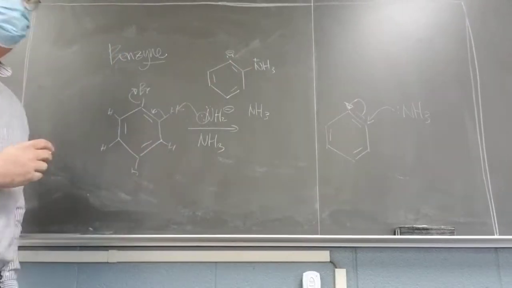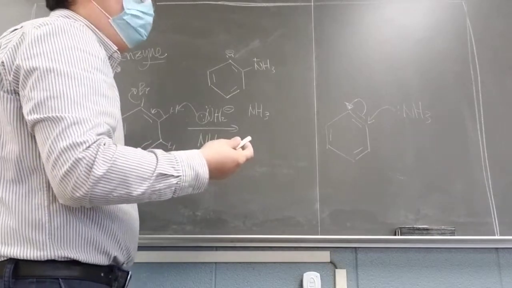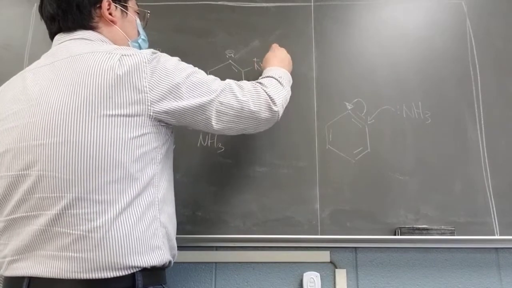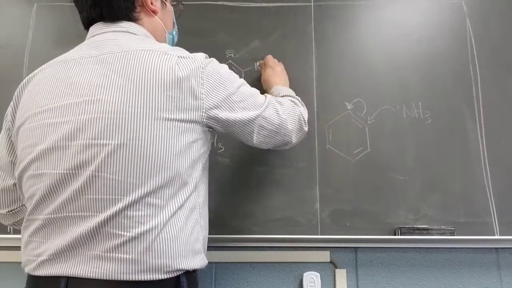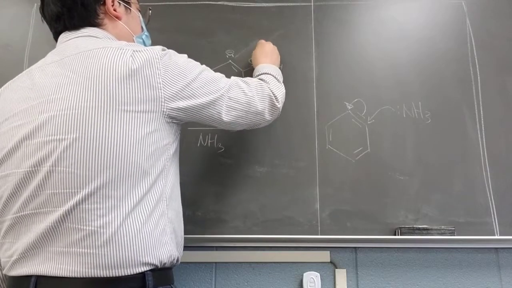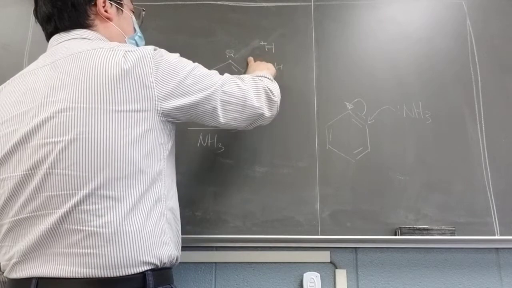Okay. So pretty much the same, right? Just a different base, different groups attached to it. Okay, but we have the same benzyne intermediate. So then, as you can see, okay, then you can just go here. So this will break apart. This becomes neutral.